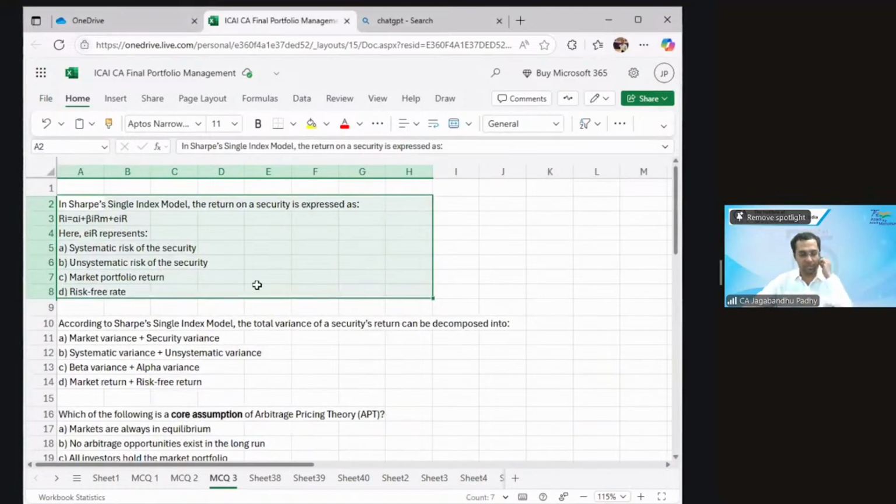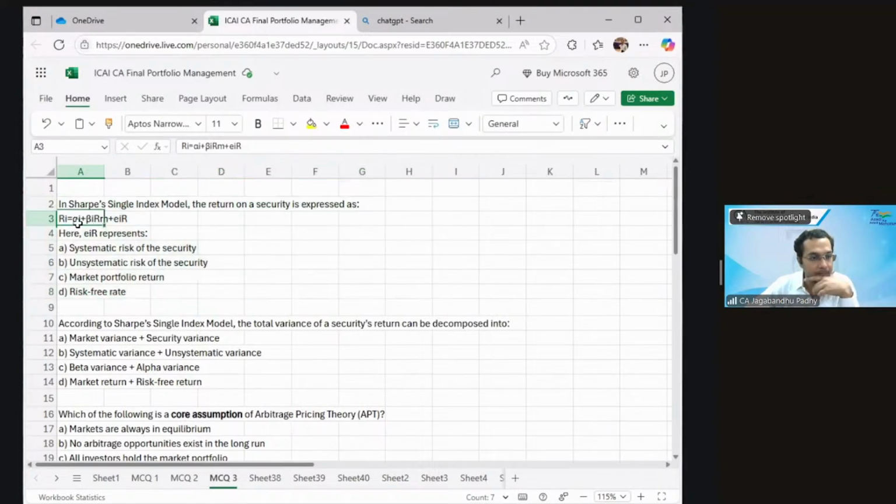In Sharpe single index model, the return of a security is given as alpha plus beta into RM plus e. So what is this error term representing?